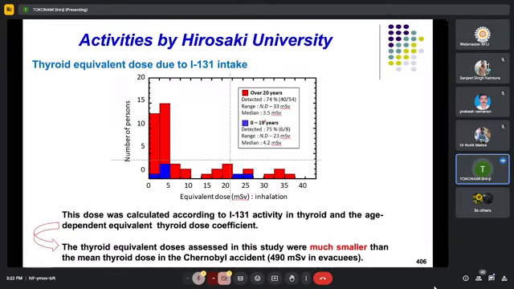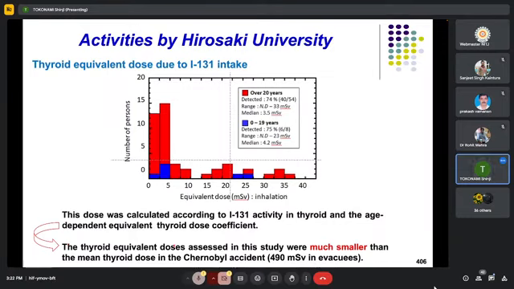For children less than 19 years old, 75% were detected. The range was LD to 23 millisieverts. The median value is 4.2 millisieverts. This dose was calculated according to iodine-131 activity in the thyroid and the age-dependent equivalent thyroid dose coefficient.